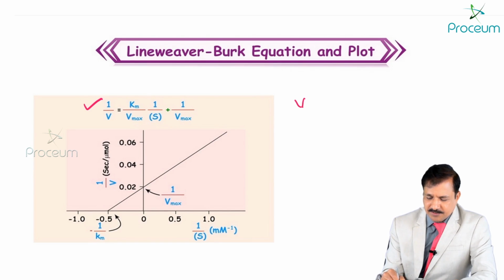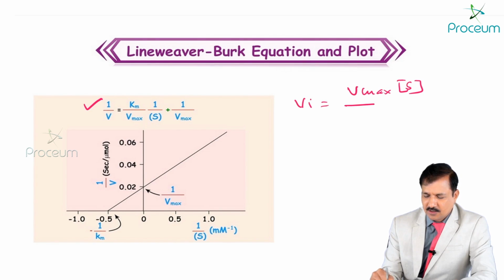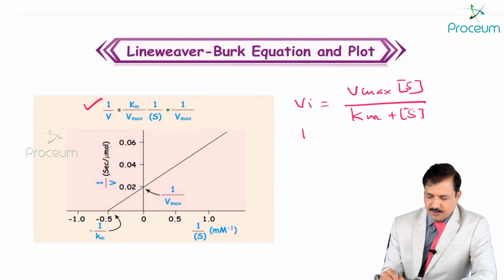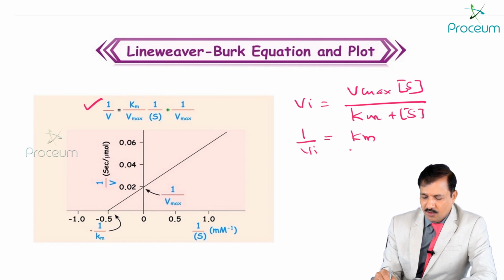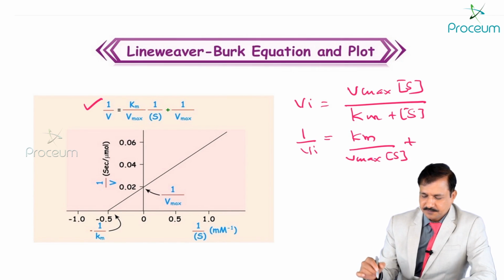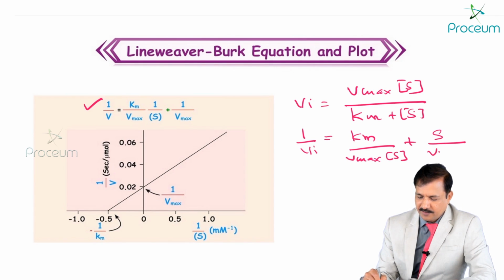It will be like this: the Michaelis-Menten equation is Vi equals Vmax times substrate concentration over Km plus substrate concentration. Now you take the reciprocal to get the Lineweaver-Burk equation. So 1 over Vi is the reciprocal there, Vmax times substrate has to come down, and Km plus substrate goes up. So that will be Km over Vmax times substrate concentration plus substrate over Vmax times substrate concentration.